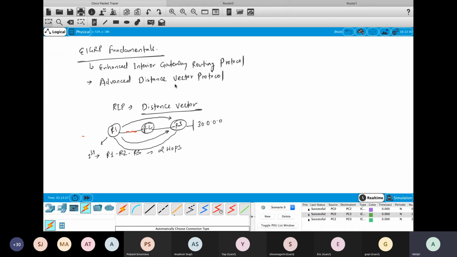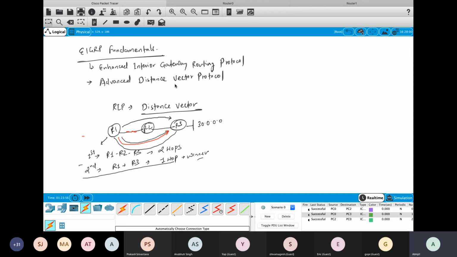But if it considers the second route, which directly connects R1 with R3, it just needs to cross one hop. That's why this route becomes the winner, and R1 will forward the traffic based on this route. Do you understand what I'm trying to say? This is how a distance vector protocol actually works.